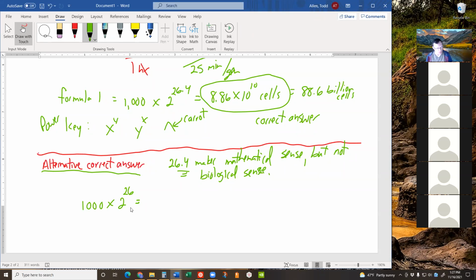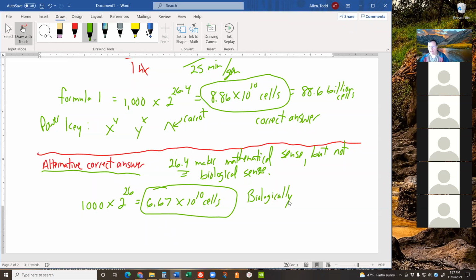So if you repeat the calculation this way, you will get a similar but different answer from the first one, which is roughly 6.67 times 10 to the 10th cells. Okay, so you might ask yourself, which of those is really the correct answer? Well, they're both mathematically valid, but the one that is biologically valid is this one.